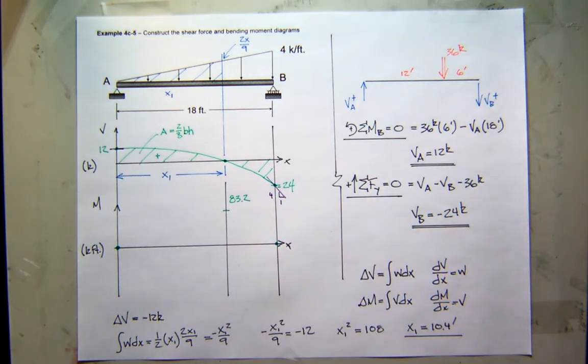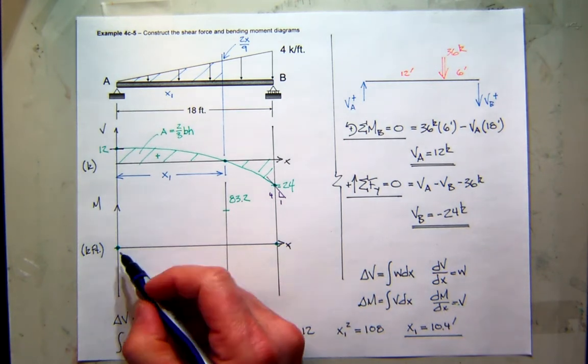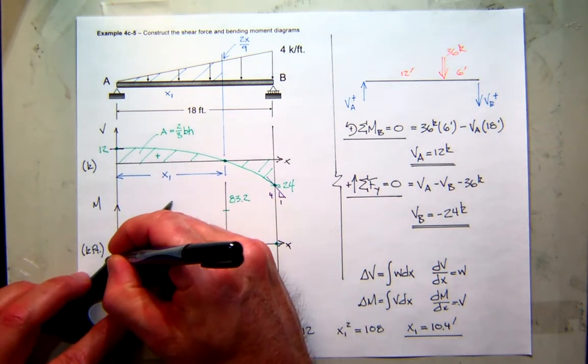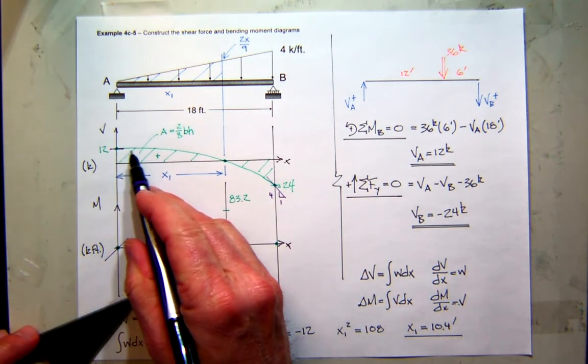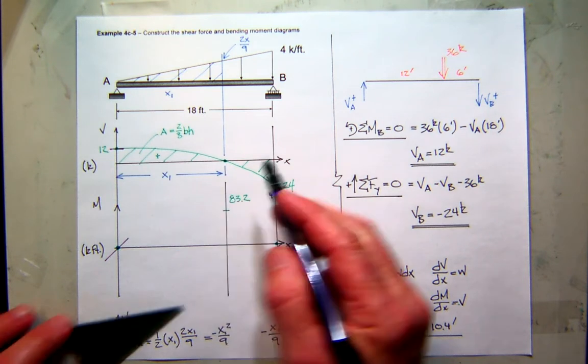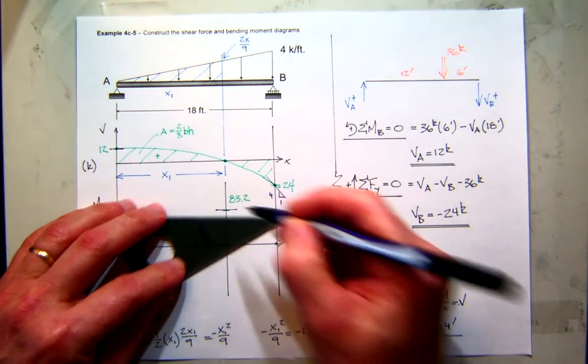So it's a positive area, so we're going to add it up. There it is. We also know that the slope is equal to the shear. Starting here at the beginning, our shear is 12 and positive, so it's going up. And it gets smaller and smaller till it gets to 0. And there's our 0 slope.